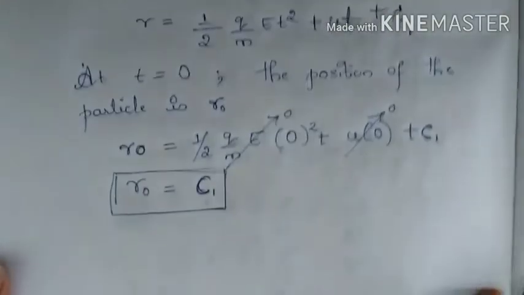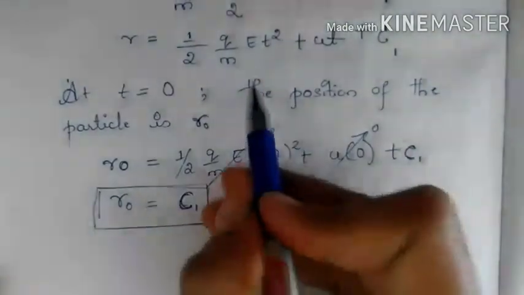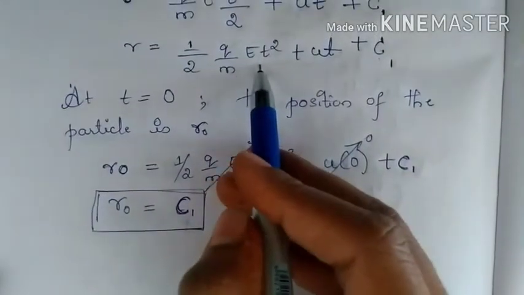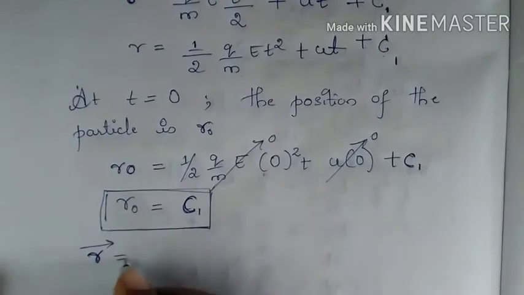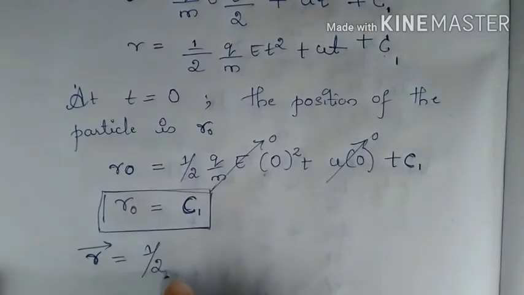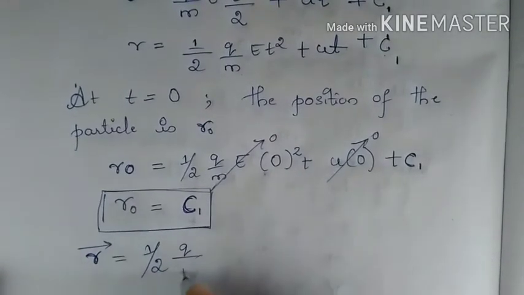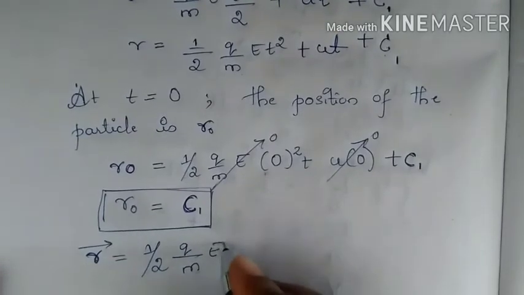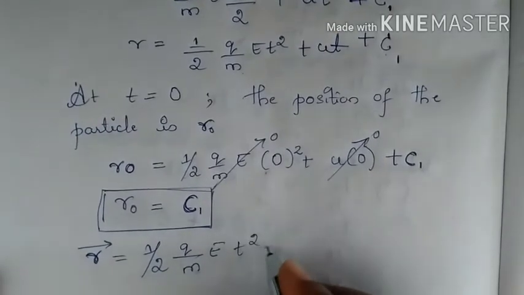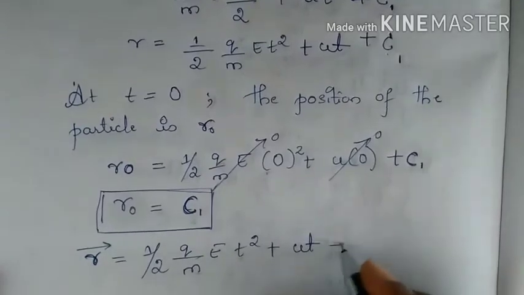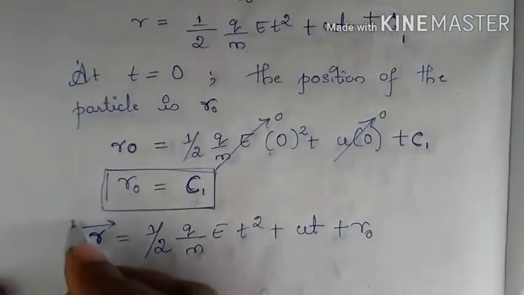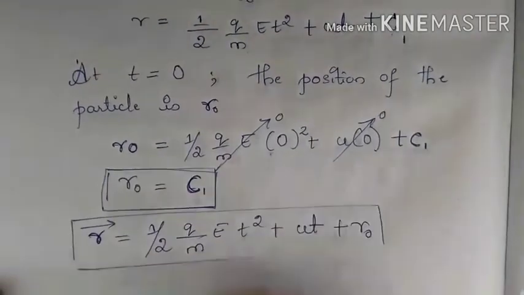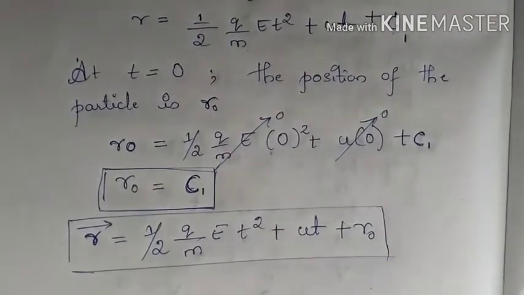Then I can write r is equal to half q by m E t square plus ut plus r naught. So this is the displacement of the particle.